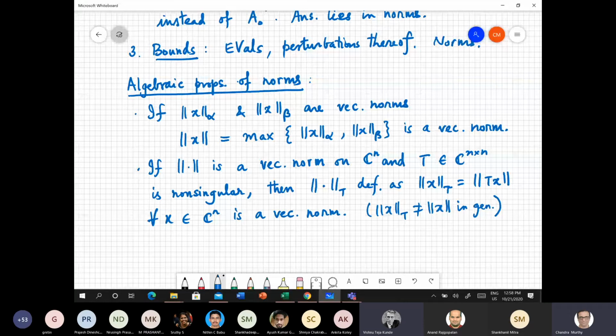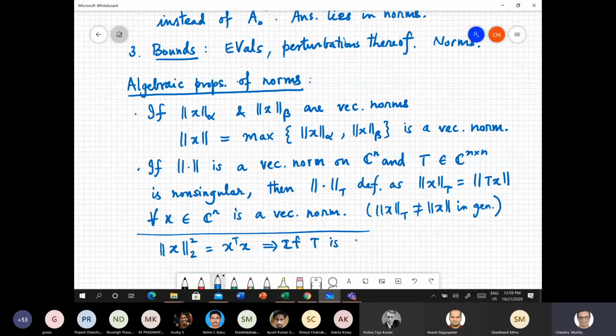And the reason is very simple, because it is defined through the inner product, right? In fact, what we call the usual inner product. So if I write this squared, it is equal to x transpose x. Which implies if T is orthonormal, then if I compute Tx, this is going to be Tx transpose, so this is bad notation.